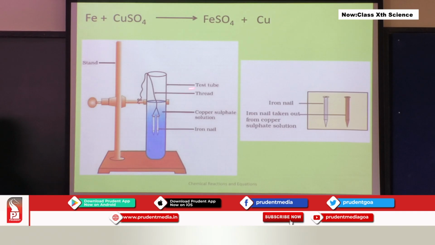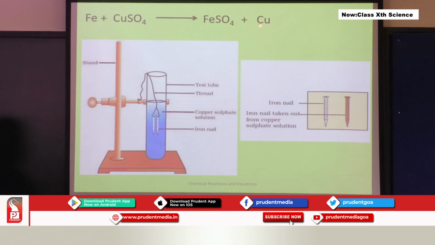The blue color fades and the free copper is deposited on the iron nail. So, the iron nail looks like this when it is taken out from the copper sulphate. Let us see the reaction once again. Fe plus CuSO4 gives FeSO4 plus Cu.